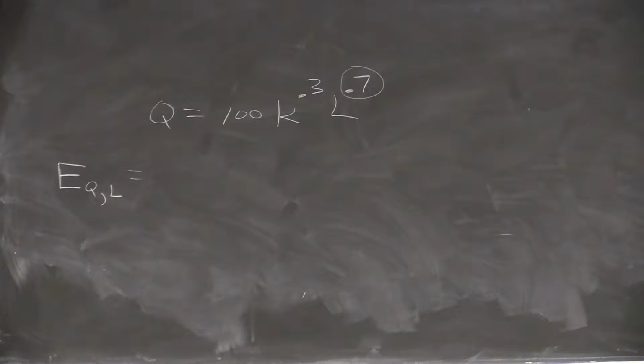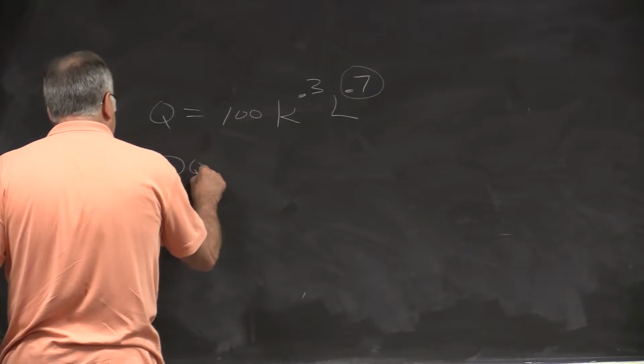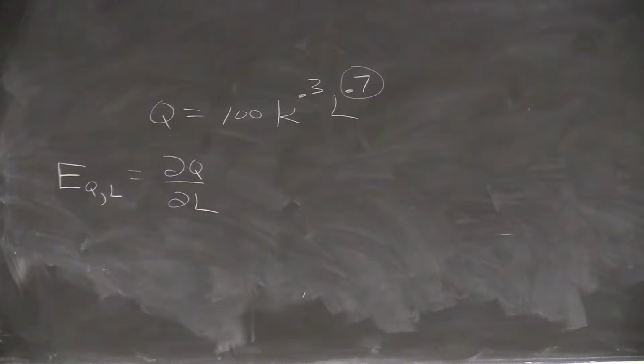Formally, what is the elasticity of Q with respect to L? Mathematically, we should start by taking the partial derivative. It is partial Q, partial L, times, now the elasticity is not the same as the partial derivative, but it does involve the partial derivative.